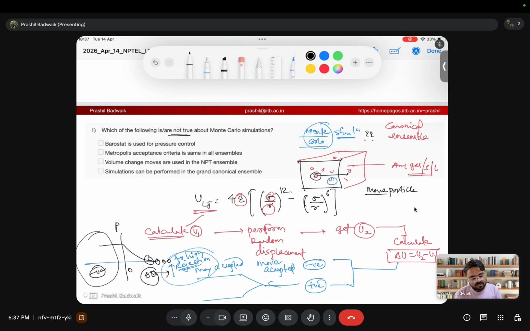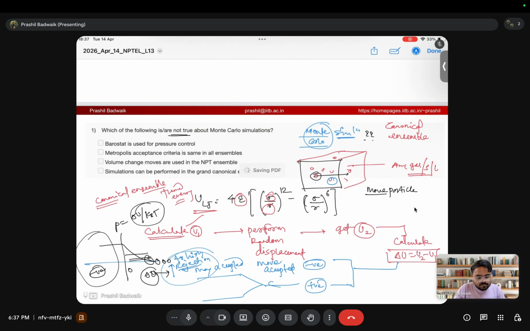That means accepting this move has a lesser probability. This probability depends on delta U divided by kBT. For this canonical ensemble, where temperature is the only factor, we just compare with thermal energy, and then we calculate whether that move is accepted or not.